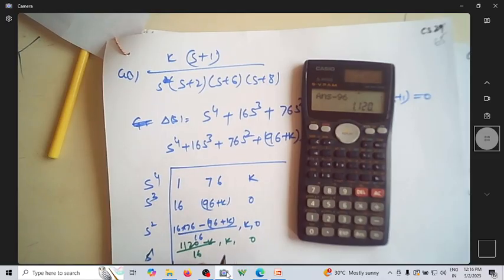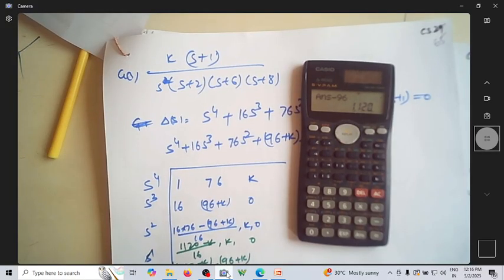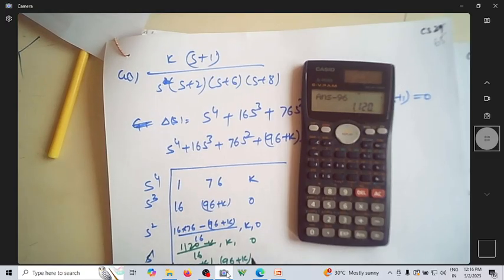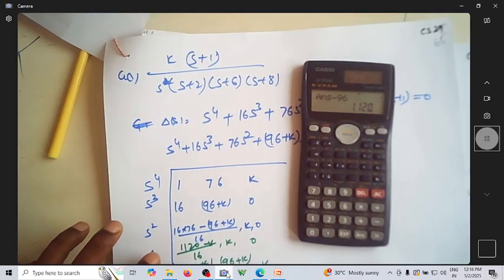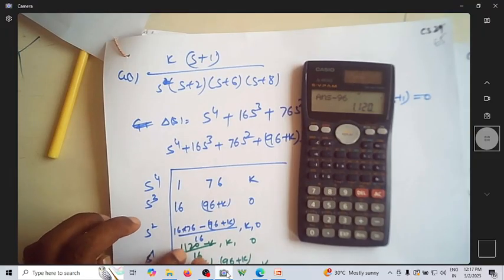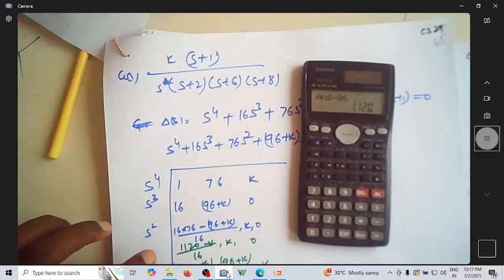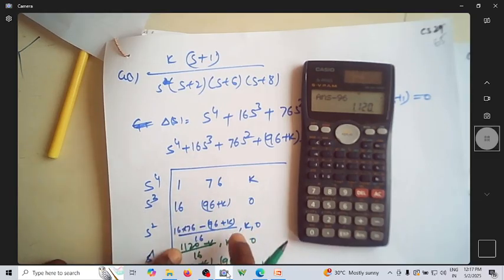S power 1 term is 1120 minus K divided by 16, times 96 plus K, minus this into this, divided by 1120 minus K by 16. Okay, and then this into this, and this is K. So this into this and this into this is actually 0.